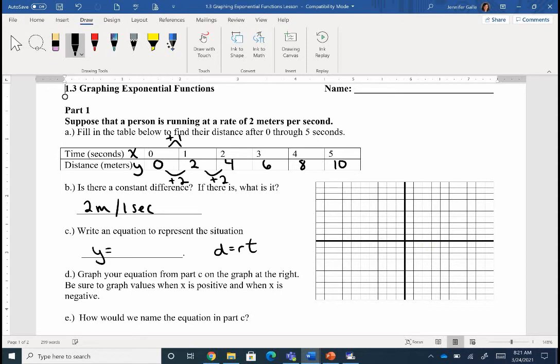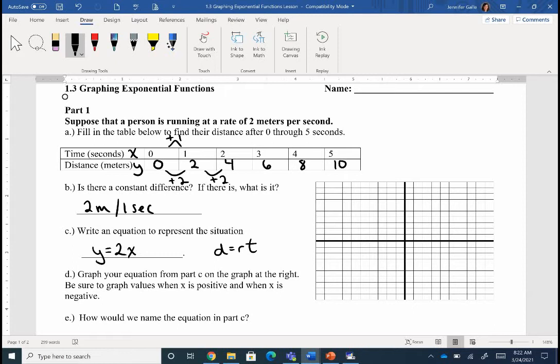What's our rate? How fast are we going? 2 meters per second. So we've got 2 for our rate. And then our time, what variable are we using for time in this situation? We're using x. So there's our equation.